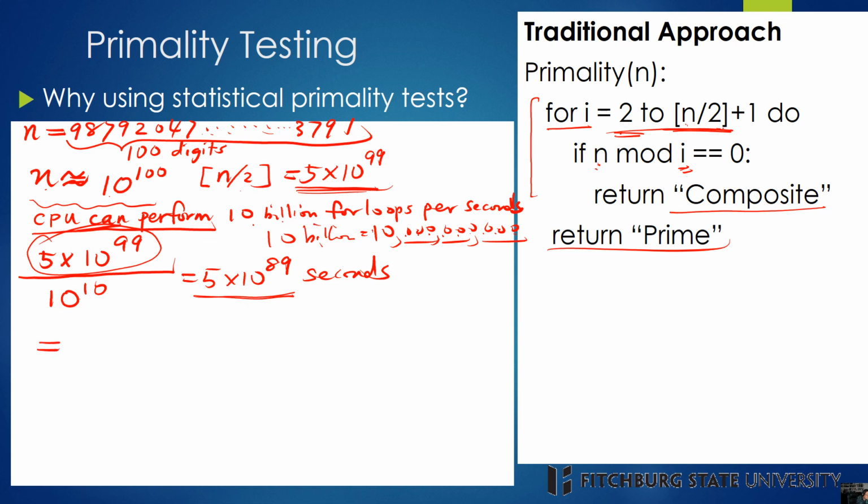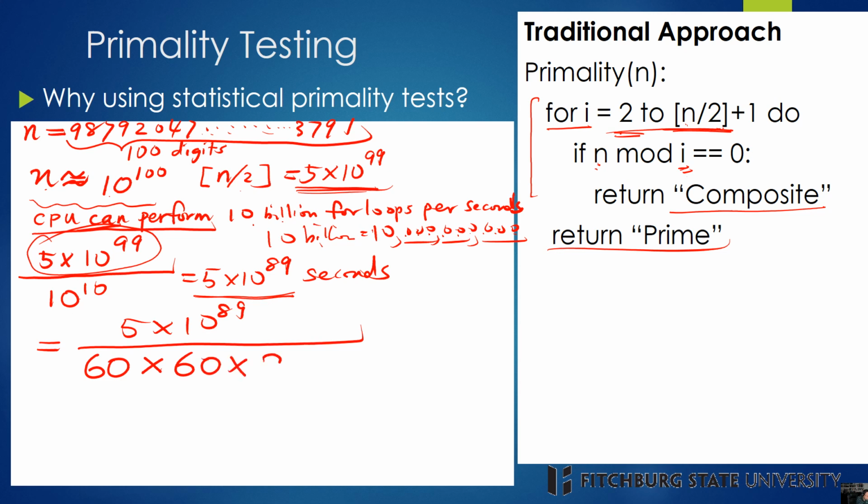I need to divide these seconds by 60. That gave you minutes, right? The number of minutes. And then divide by 60 again. That gave you the number of hours.